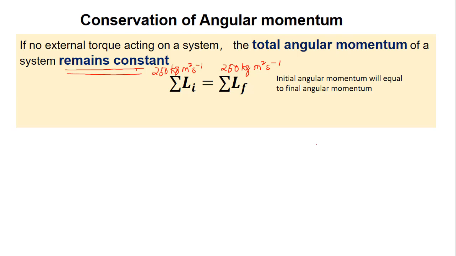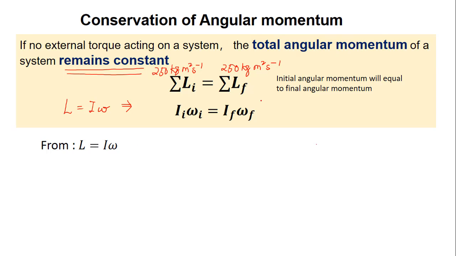Okay. Since we know that L is equal to I omega, we can rewrite the above equation whereby L initial will be moment of inertia initial multiplied with the angular velocity initial, and angular momentum final will be moment of inertia final multiplied with the angular velocity final.